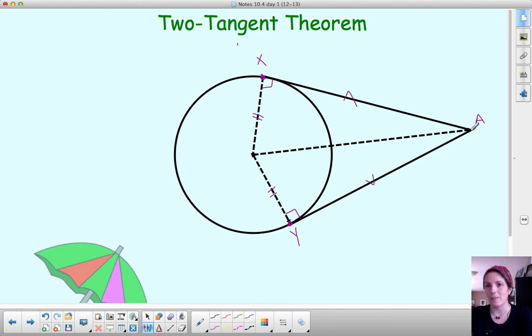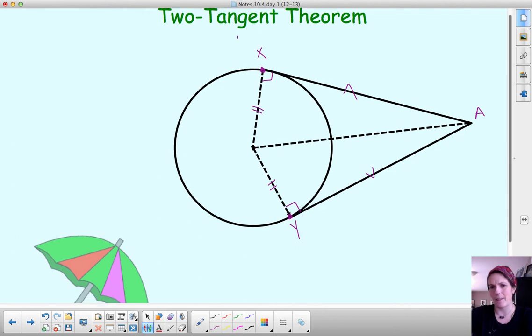If I know that AX is a line of tangency, and I know that AY is a line of tangency, then I know that AX and AY are congruent by the two-tangent theorem. So that's our next rule. I think that's the only one on that page.